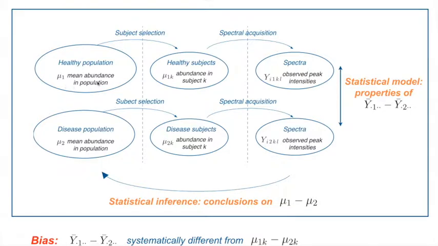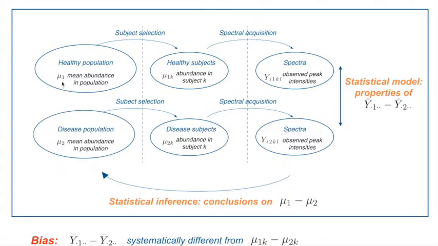There are two populations like that, which are identical to each other with respect to all of these properties, except that one population is healthy and the other population has the disease. We are in statistical goal number 2, comparing the averages, as opposed to predicting the abundance of individual subjects.